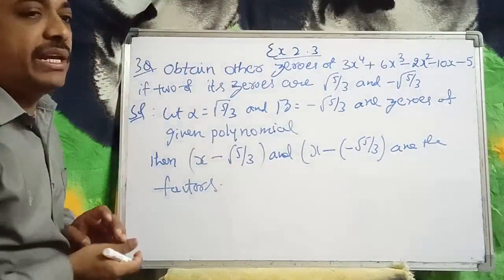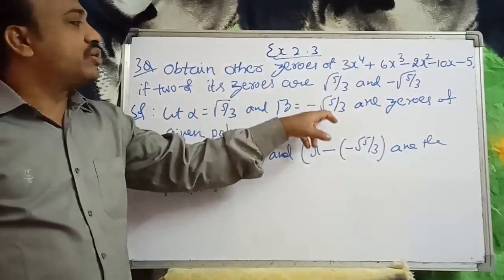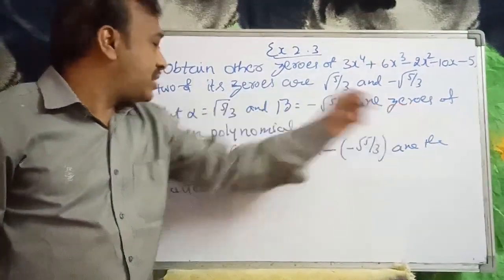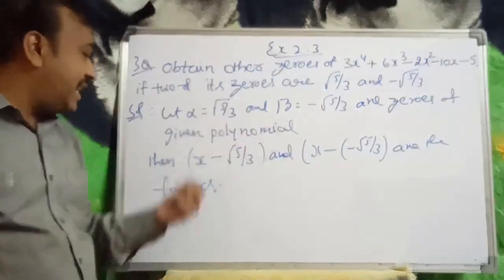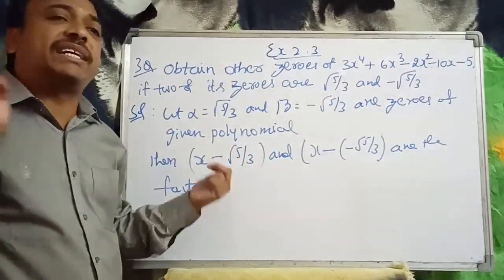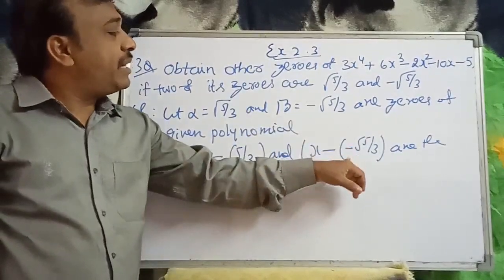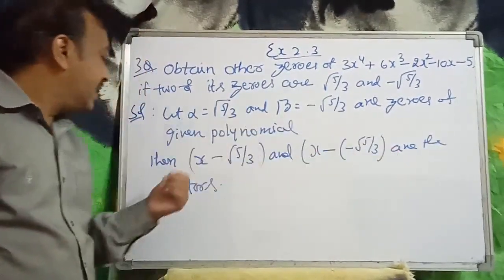This step is very important. Alpha is root 5 by 3 and beta is minus root 5 by 3, the zeros of the given polynomial. Then x minus root 5 by 3 and x minus of minus root 5 by 3 are the factors.